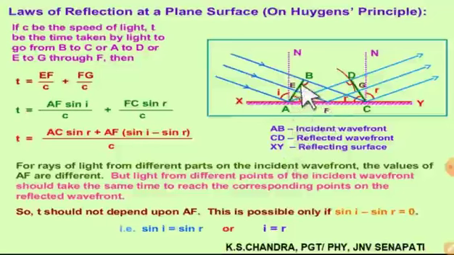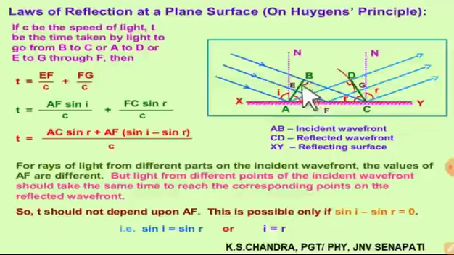Suppose you take an arbitrary point E somewhere here, then F will be somewhere here. The time taken by the light to reach from any point on AB, that means the incident wavefront, to the reflected wavefront should be independent of this AF. That is the meaning.